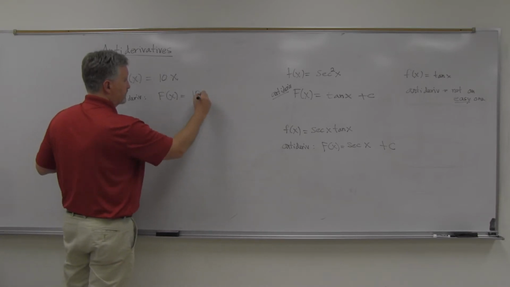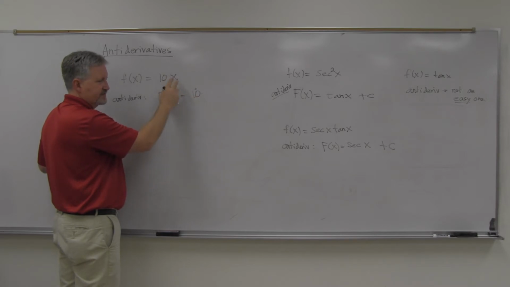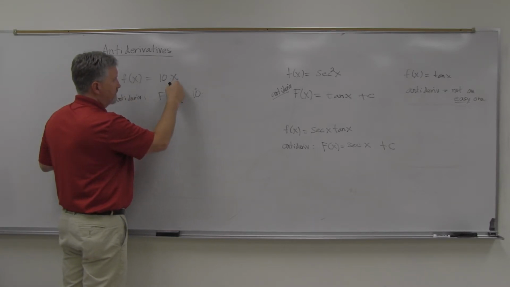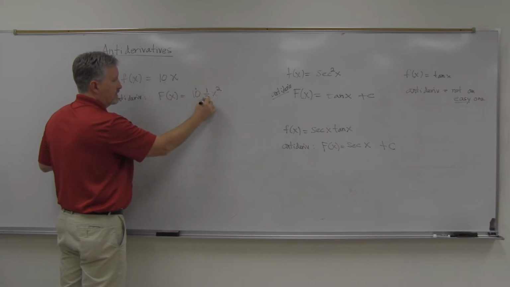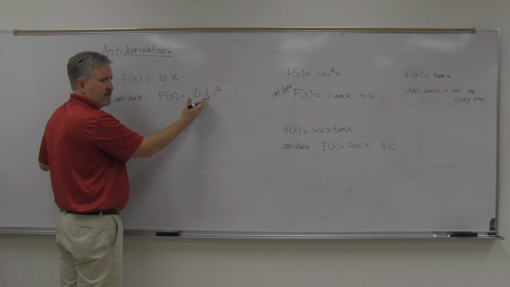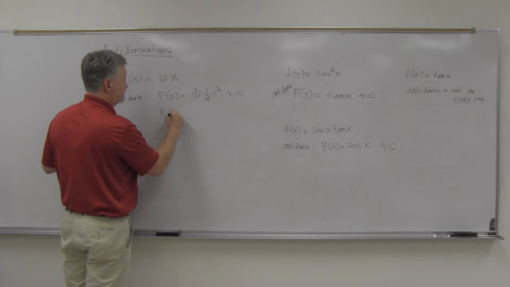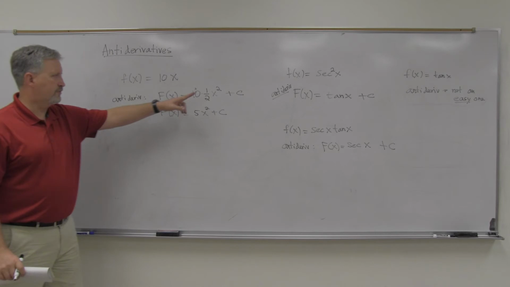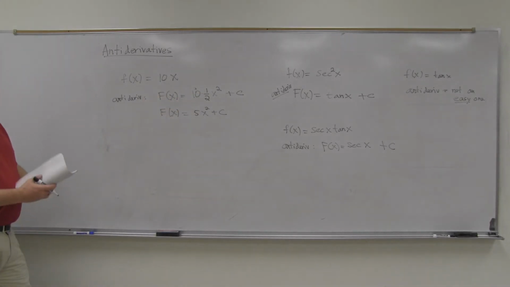The 10 is just a number, so we're just going to multiply whatever the antiderivative of the x is by the 10. We add 1, get x squared, so we divide by the 2. We've got 10 times a half, so basically we're dividing the 10 by the 2. So it'll be 5x squared plus c. Whatever your new power is, you're just going to divide your coefficient by that. No problem there.